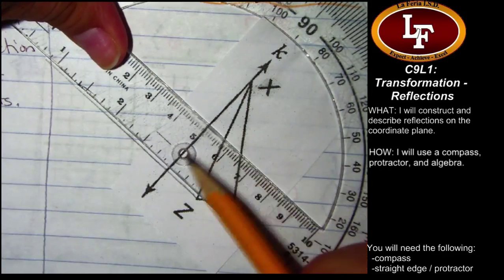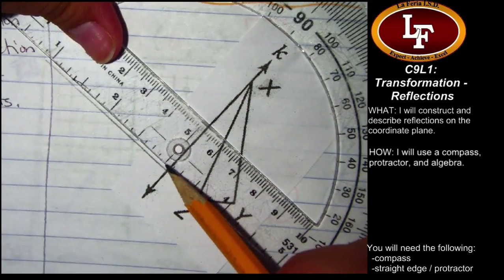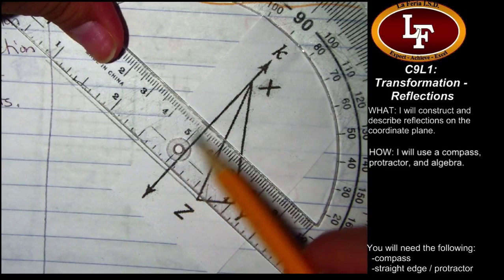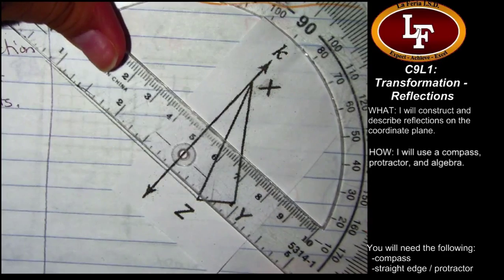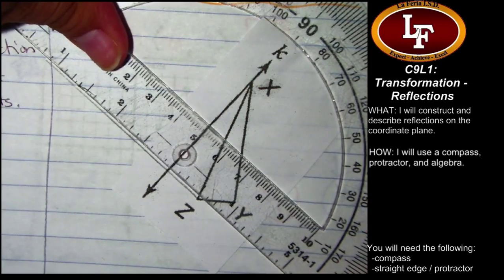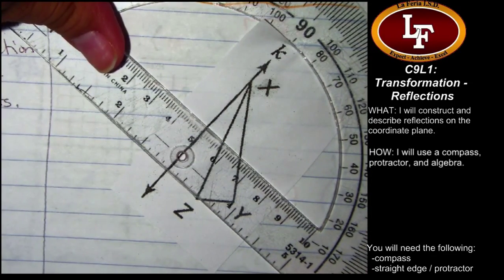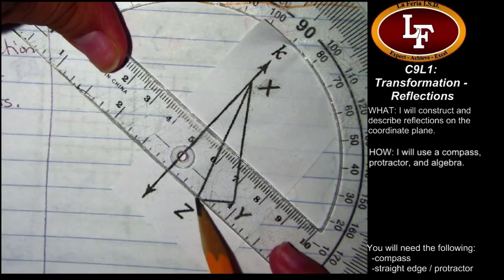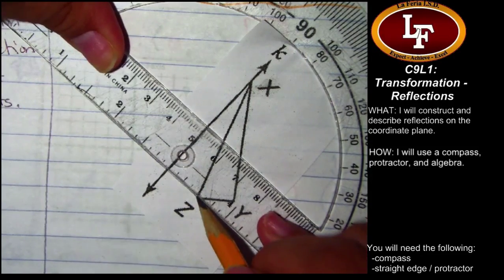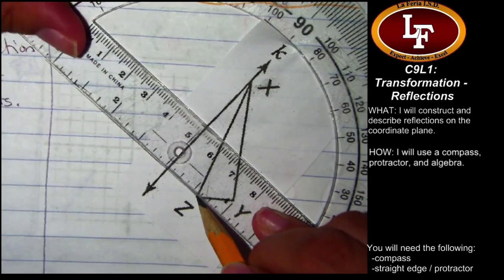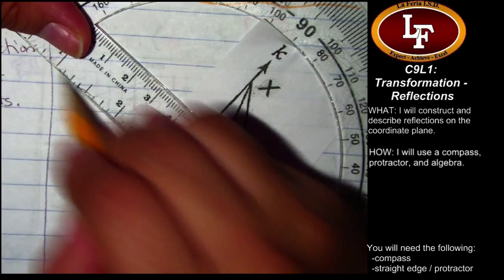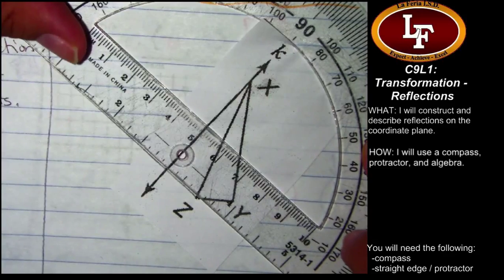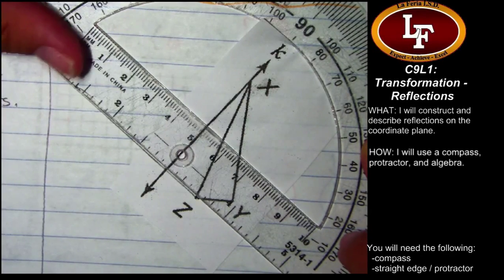I matched up this line here, which is my 90-degree marker, with my line of reflection. I moved my protractor until the edge of it was even with Z, one of my points. And then I just traced the edge of the protractor until I ran out of room, because I don't know how long of a line I'm going to need.